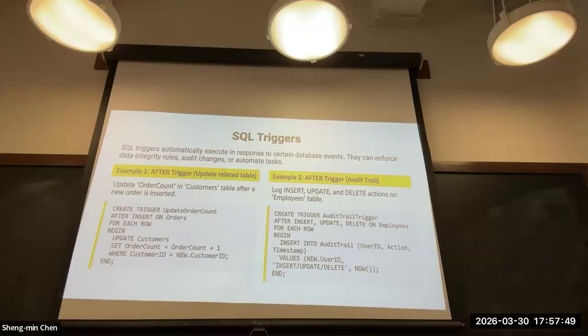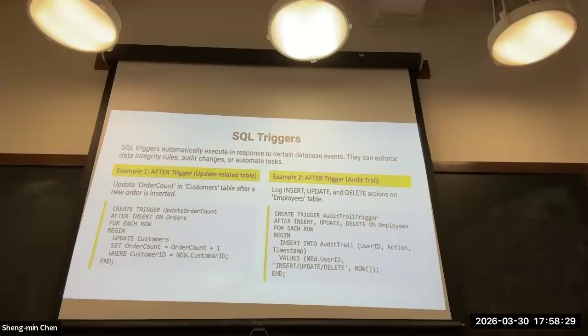So when there's an order created, basically over here, for each customer, order count equals order count plus one, where it's not the new one. Okay, so this is basically saying that I want to create a trigger.